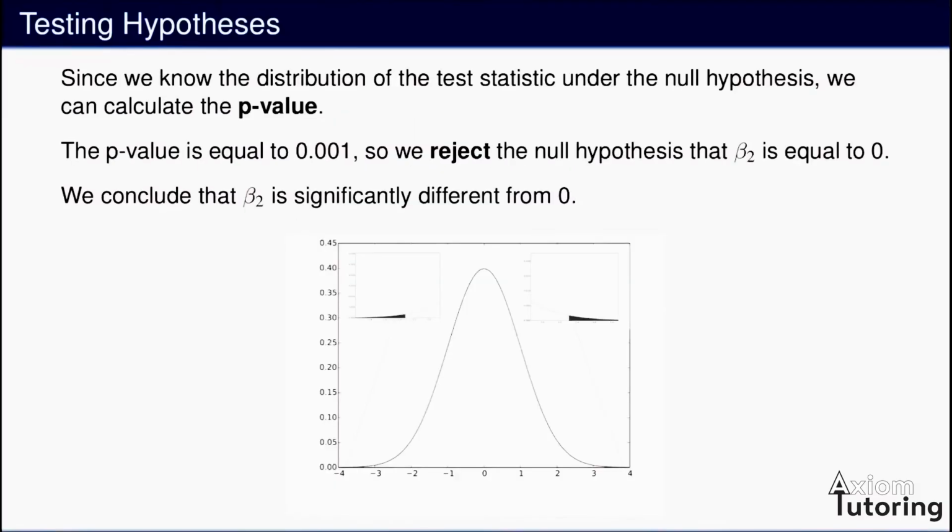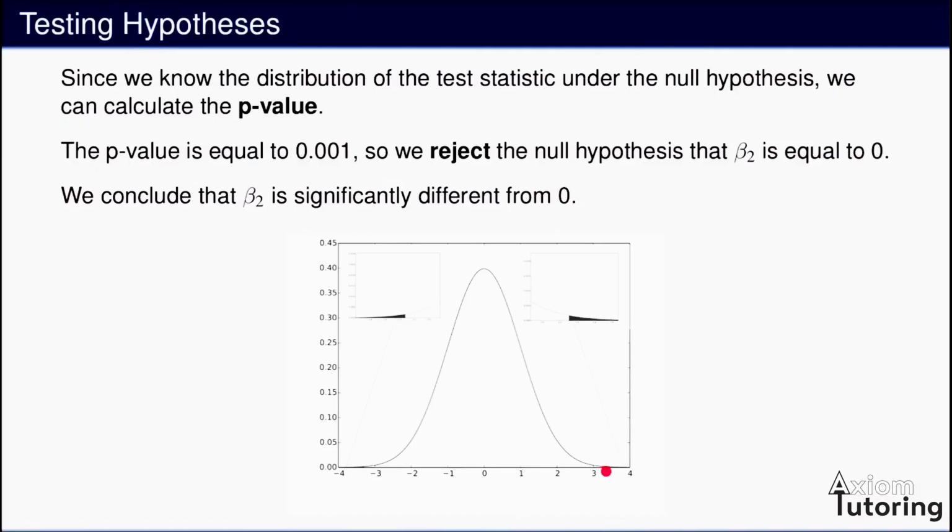Now, since we know the distribution of the test statistic under the null hypothesis, we can calculate the p-value. And what is the p-value? The p-value is just the probability that we would have obtained a more extreme test statistic than the one that we got. For example, here we had a test statistic equal to 3.31.